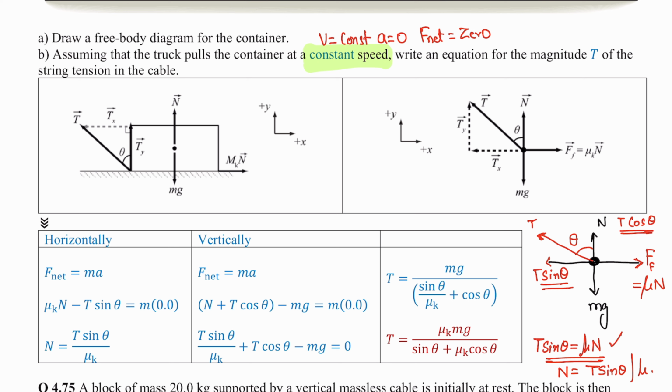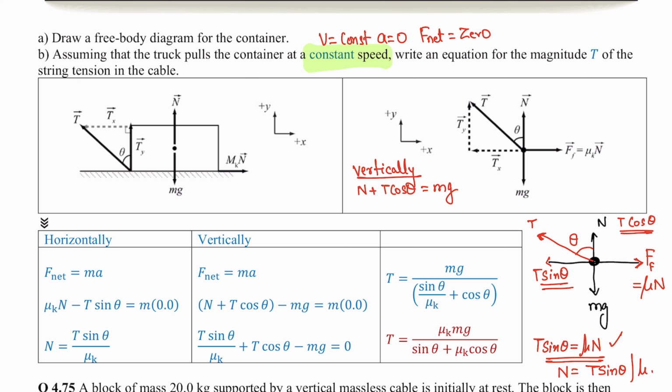So vertically, I will write it here and now solve it. We have two factors: N plus T cosine theta is equal to mg. Clear? Okay, put the value of N here.